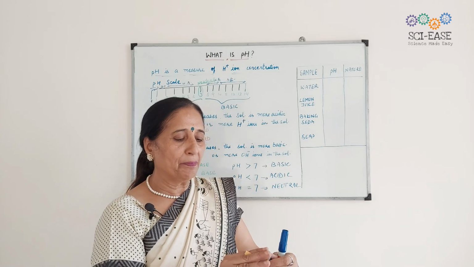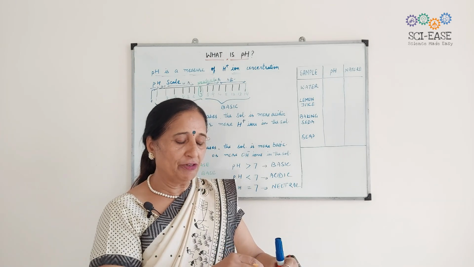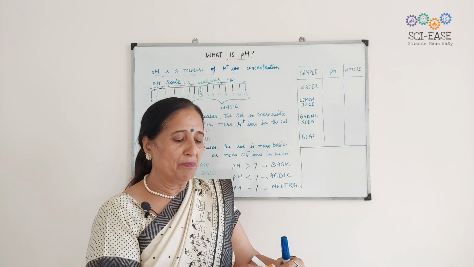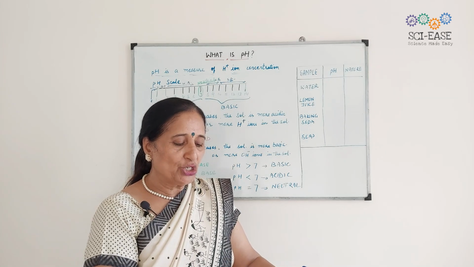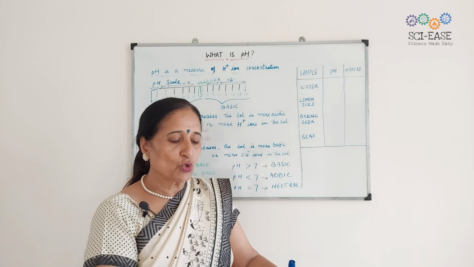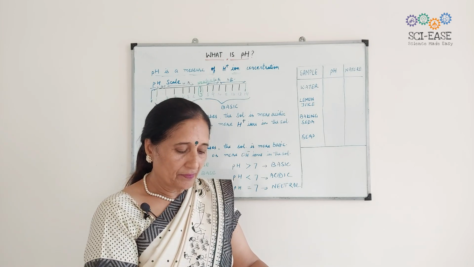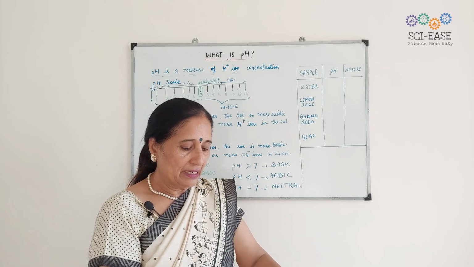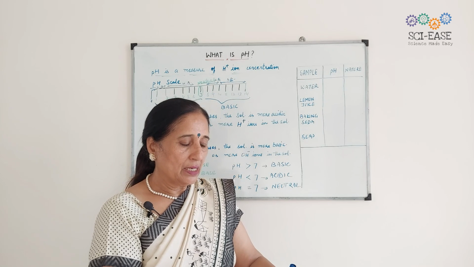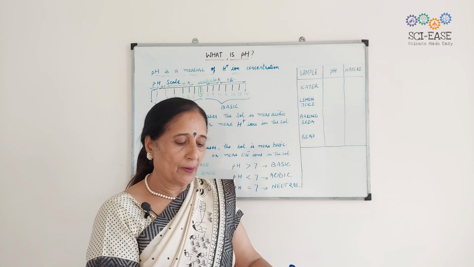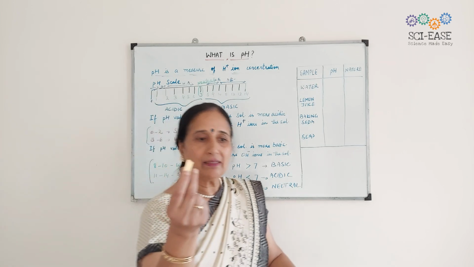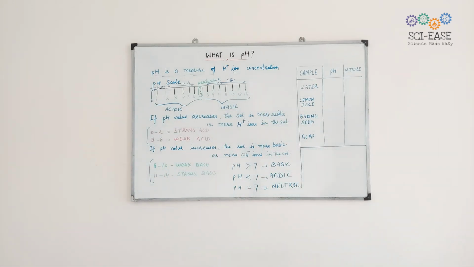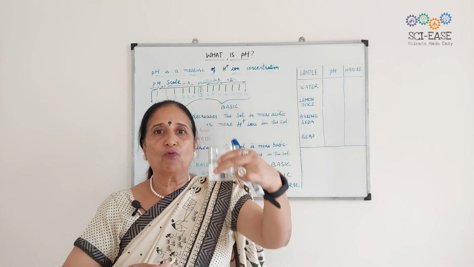I will measure the pH of water first, then lemon juice, soap solution, and last one, baking soda.